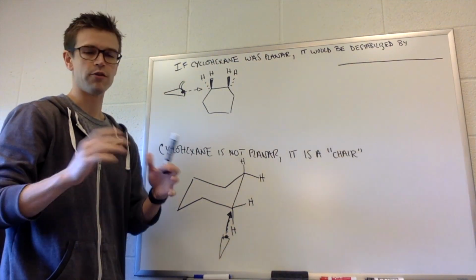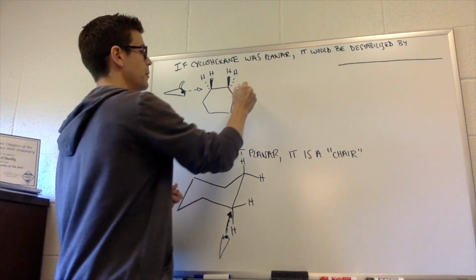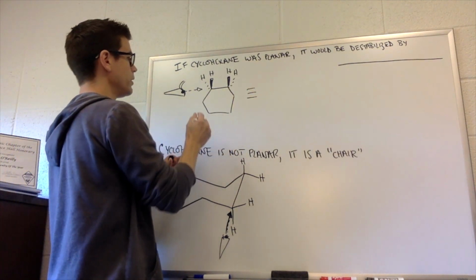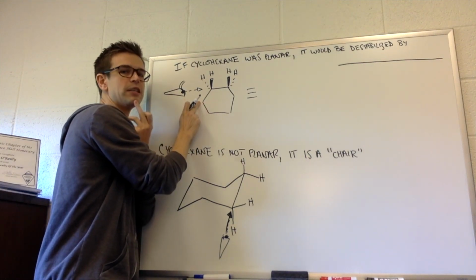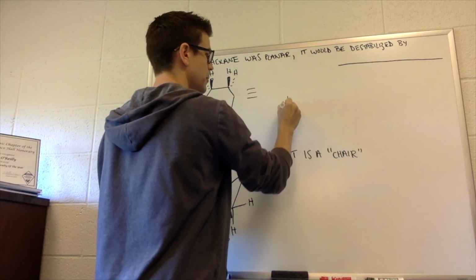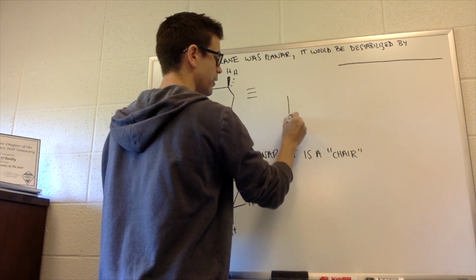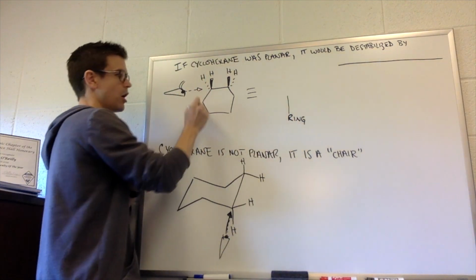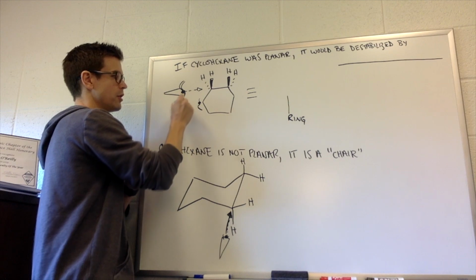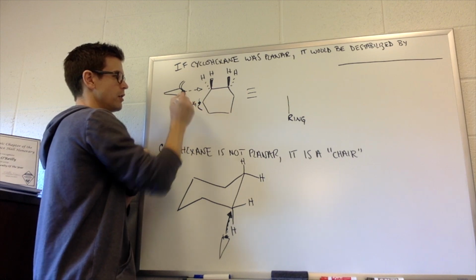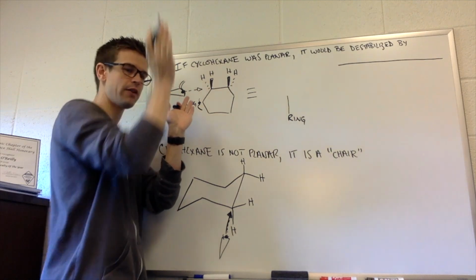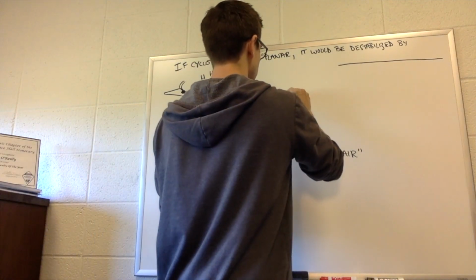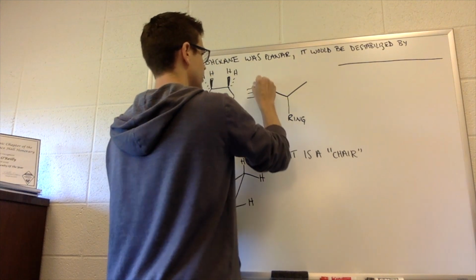So you've now drawn your Newman projection, and what you should have drawn is this CH2 of the ring is near my chin, so that's going to be coming down here, and we'll just write ring because it's the carbons of the ring. So this was the ring. And I have one H going up that direction, the other one's going that direction, so they're going to be like this.